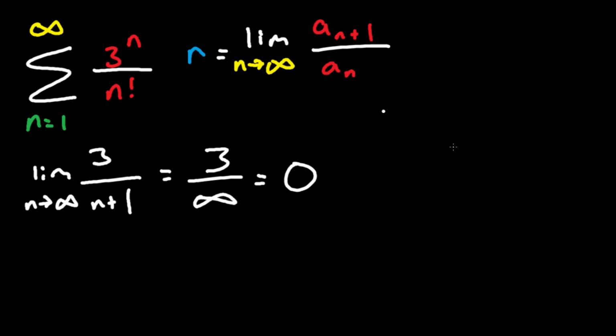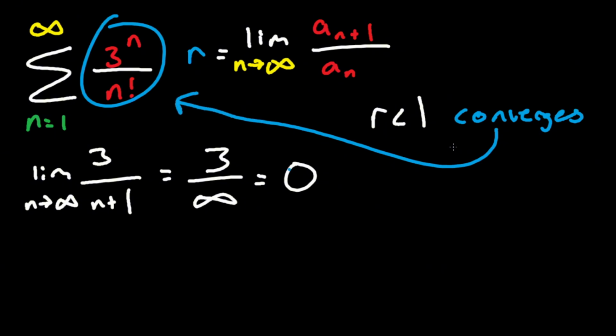All right, so remember, when r is less than 1, then your series converges. Therefore, this series converges since r is less than 1 in this case. Now, the reason why is because of this factorial.